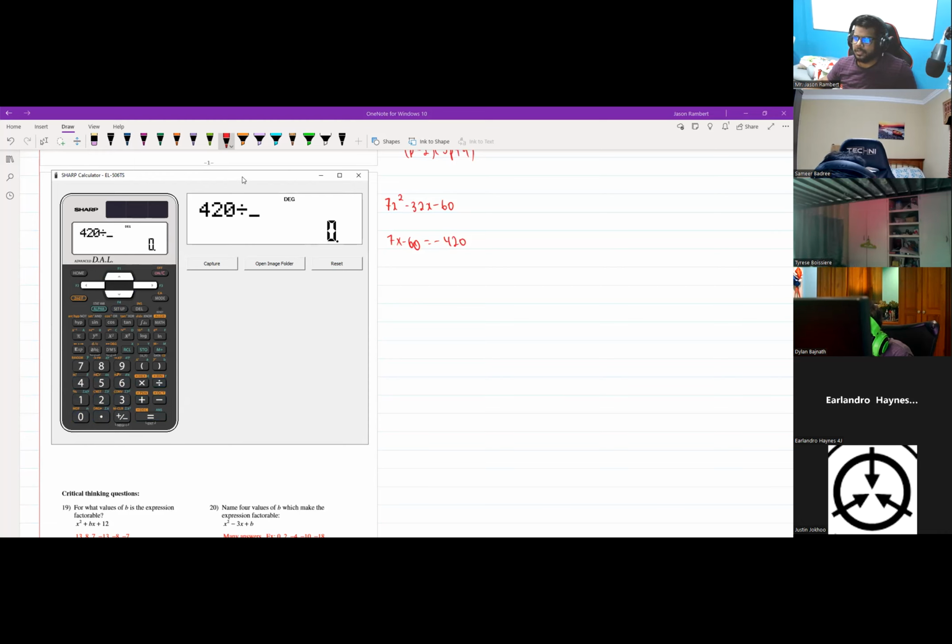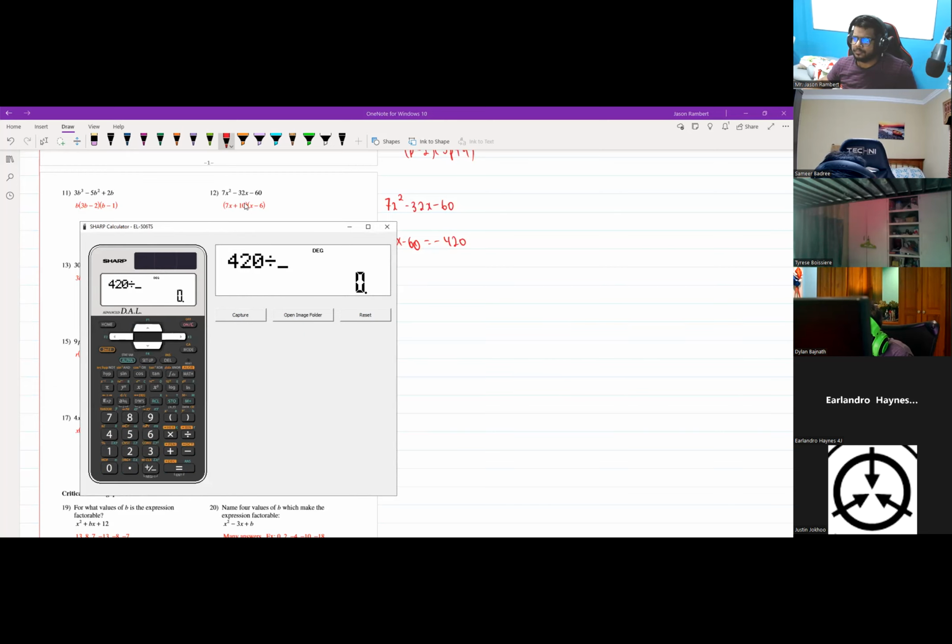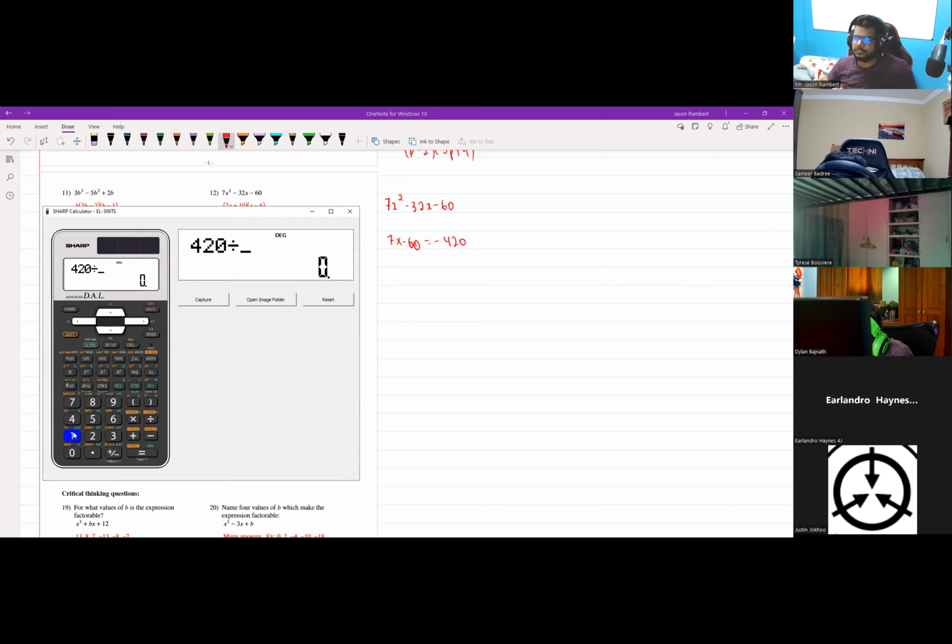What do we get here? Aha. 420 divided by 10. So the hardest thing now is to find these pairs of factors. 420 divided by 10 is 42. All right, so it's looking like 42 and 10, with a minus sign attached in front of one of them.